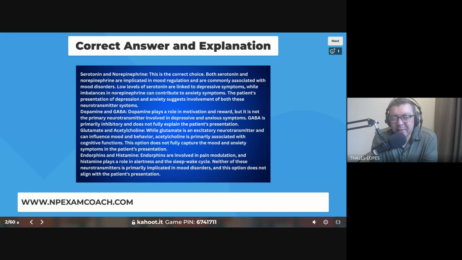But it is not the primary neurotransmitter involved in depression and anxiety symptoms. Well, maybe not the primary, but in practice I like to mix a little bit of dopamine, norepinephrine, and serotonin when possible, just to make sure I'm covering all three neurotransmitters.